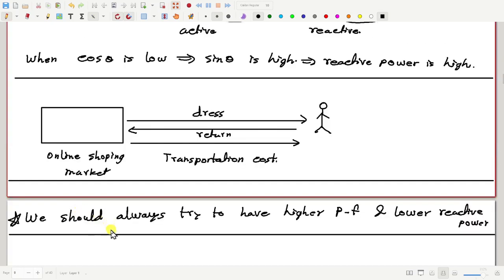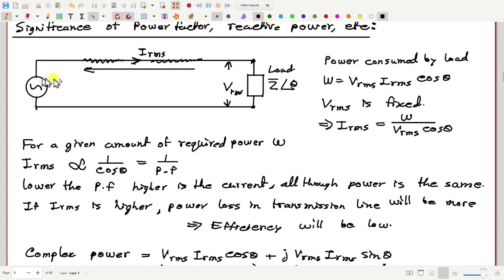The last one. Yeah, so I said we should have higher power factor, that means cos theta, so that the sin theta is low. If sin theta is low, then the power which is oscillating between the source and the load is low. And if that is low, the power loss in the transmission line will also be low. Another way of viewing that is that if cos theta is high, then IRMS will be low here.